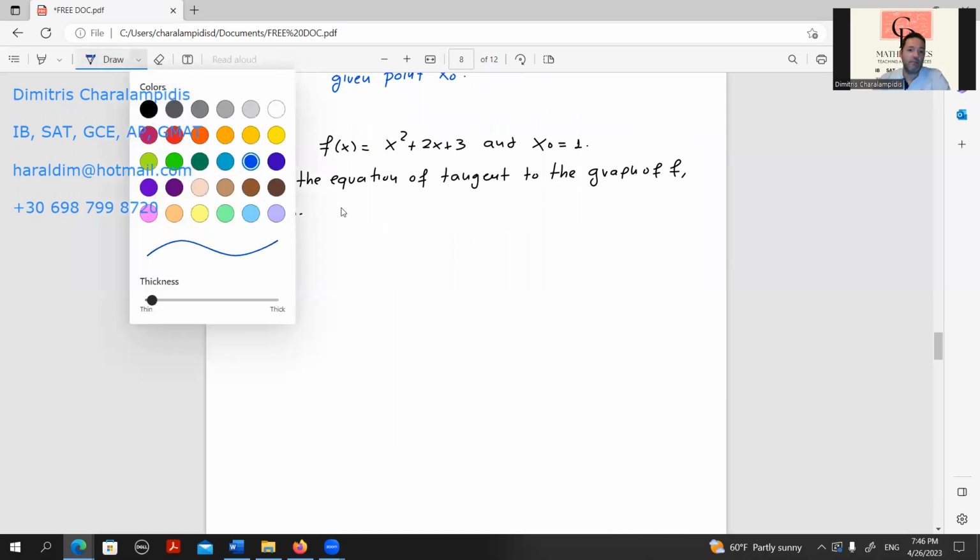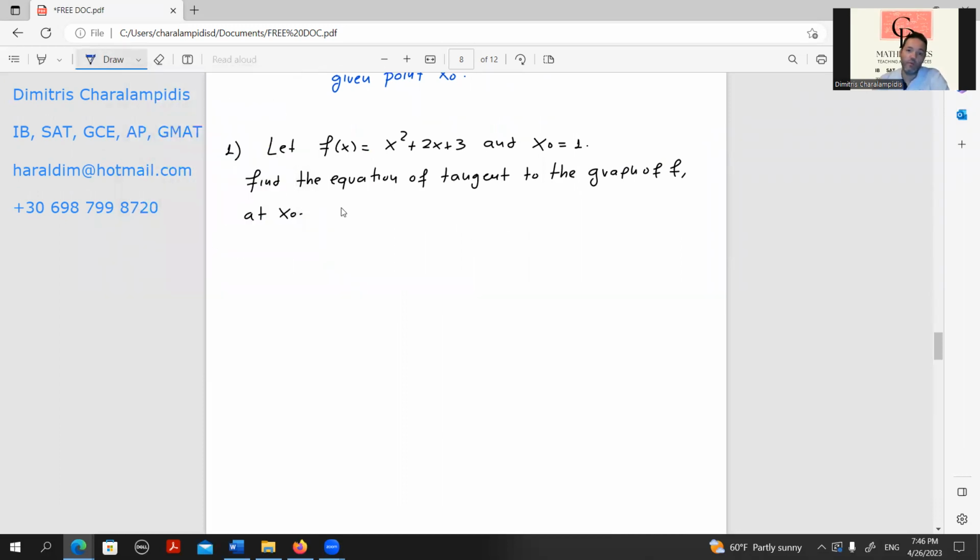Okay, we always start with the knowledge that the equation of tangent we are looking for is of the form y minus f of x0 equals f prime of x0 times x minus x0.